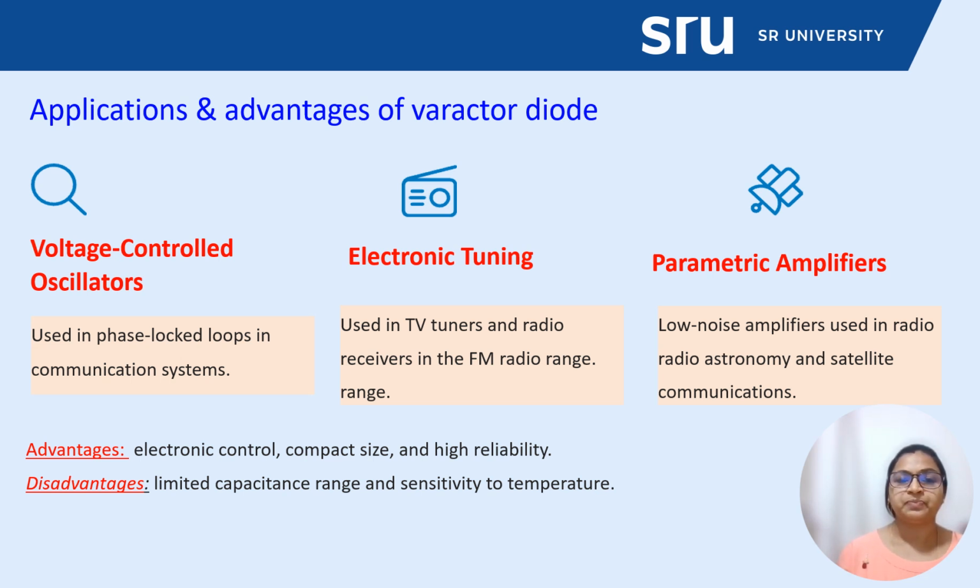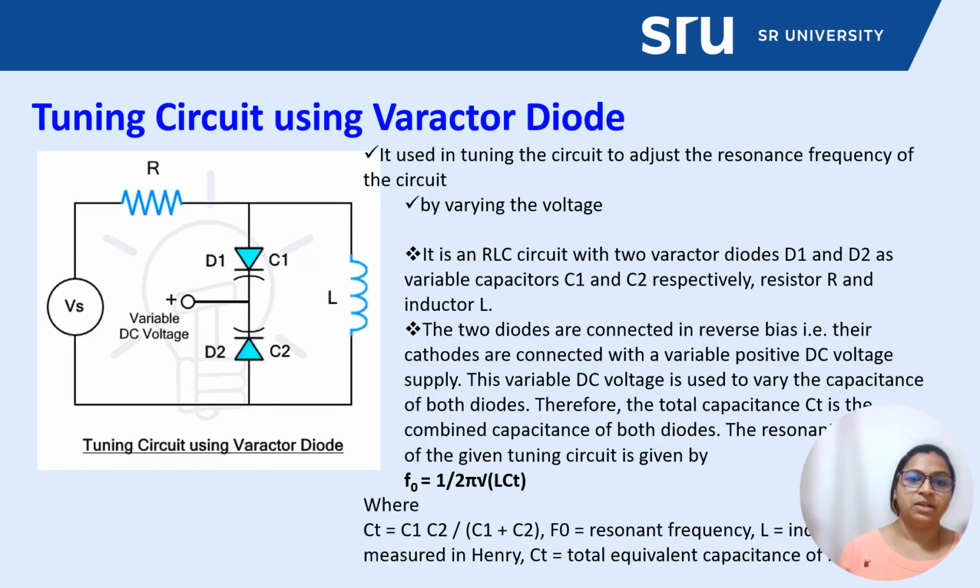So just to elaborate its application, let's see how the Varactor diode is used in a tuning circuit. We know that the Varactor diode is used in tuning circuits to adjust the resonance frequency of the circuit by varying the voltage. Here the schematic of this tuning circuit is given.